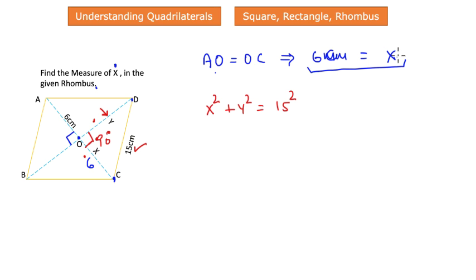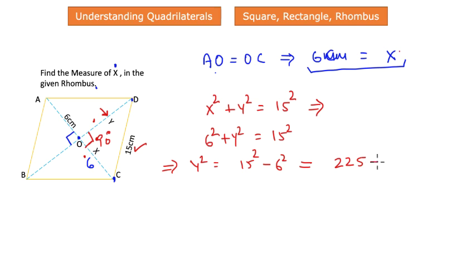So now you already know the value of x. You simply substitute this. That implies 6 square plus y square is equal to 15 square. So y square is equal to 15 square minus 6 square, which is equal to 225 minus 36, and that difference gives you 189.